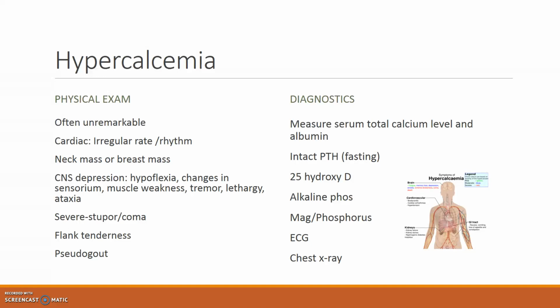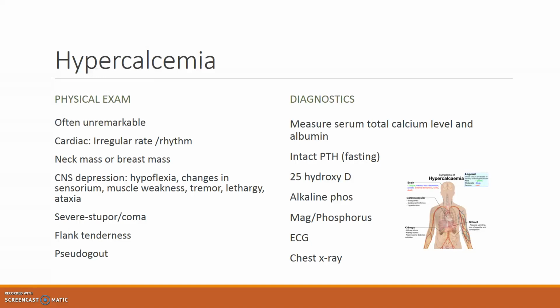Often we'll see signs and symptoms of central nervous system depression, which reflect in hyporeflexia, changes in sensorium, muscle weakness, tremor, lethargy, and ataxia. Of course, severe patients presenting could even be stupor and coma, but those would be ones we'd send to the hospital or ER. There could be flank tenderness and also pseudogout. So keep those in mind.